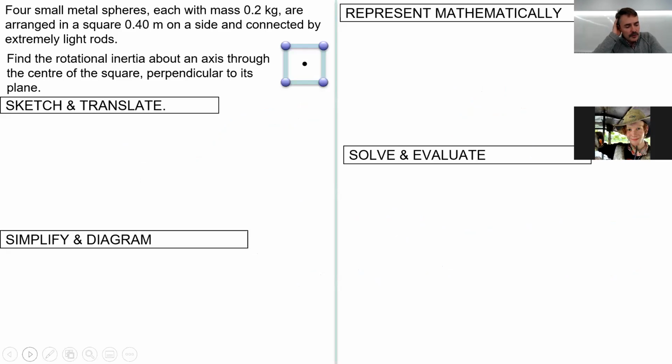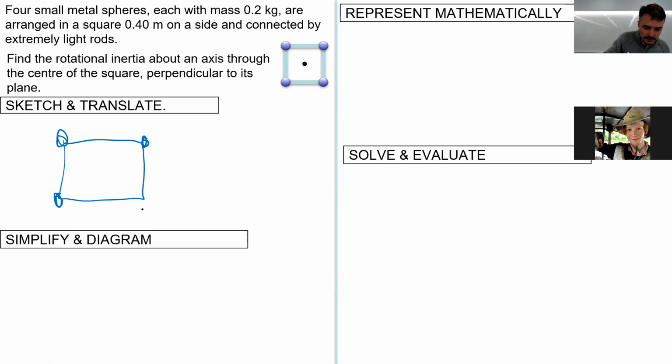So we have 4 small metal spheres, each with mass 0.2 kilograms, arranged in a square that's 0.4 meters on a side and connected by extremely light rods. So we can kind of put them here. This is M, M, M, and M, where M equals 0.2 kilograms.